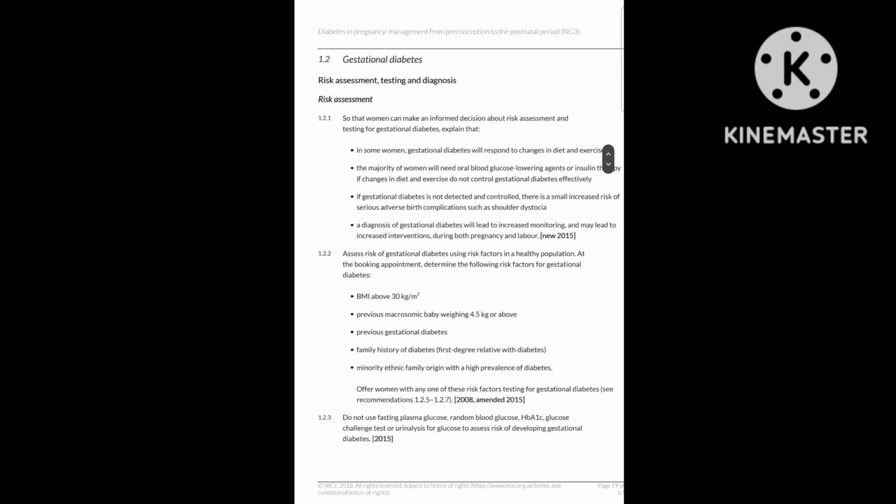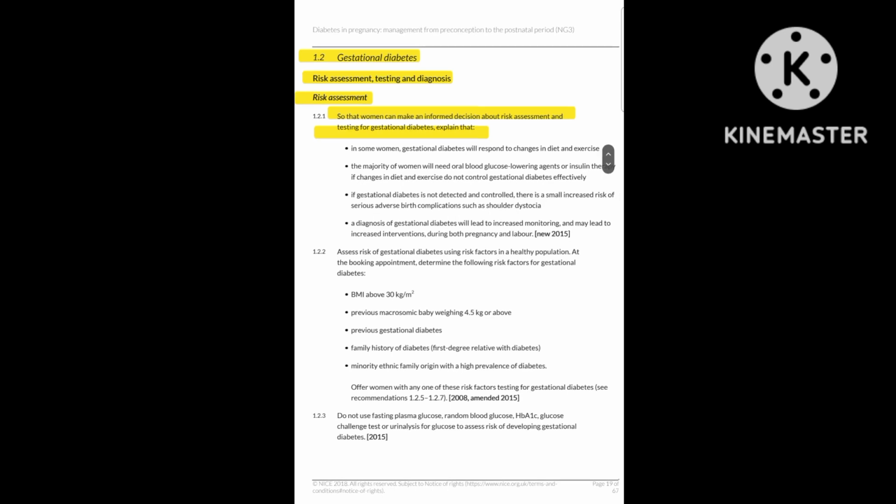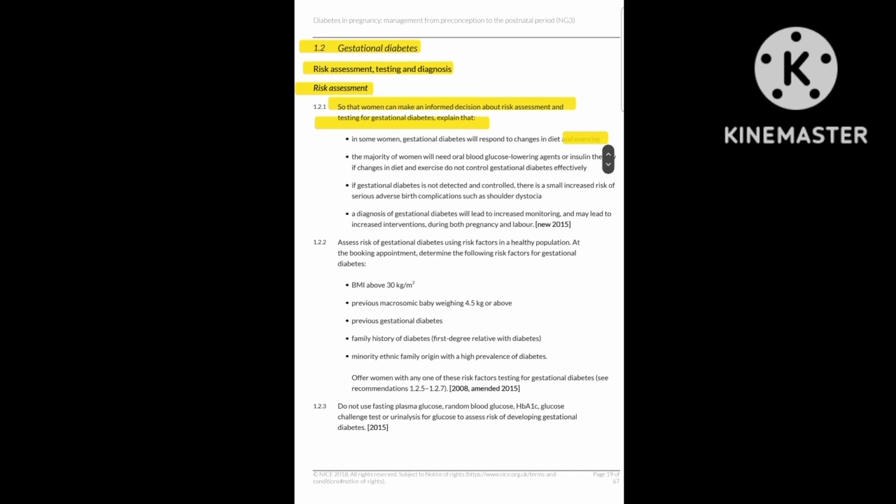Now, gestational diabetes risk assessment, testing and diagnosis. So that women can make informed decisions about risk assessment and testing for gestational diabetes, explain that in some women, gestational diabetes will respond to changes in diet and exercise. The majority of women will need oral blood glucose lowering agents or insulin therapy if changes in diet and exercise do not control gestational diabetes effectively.